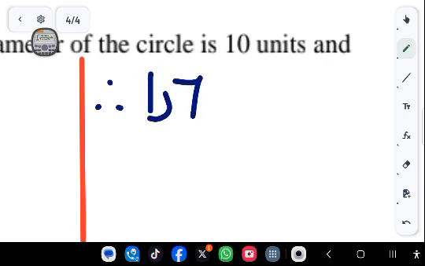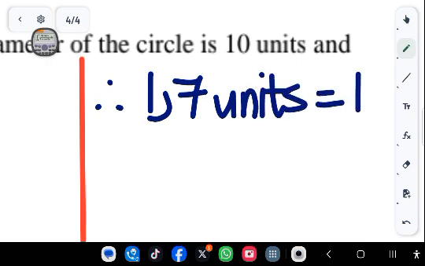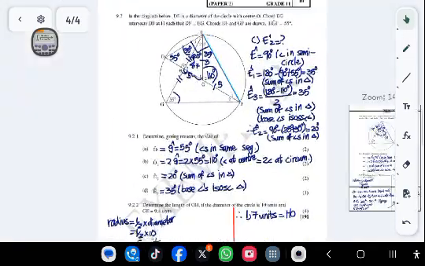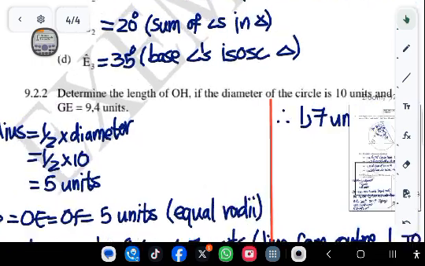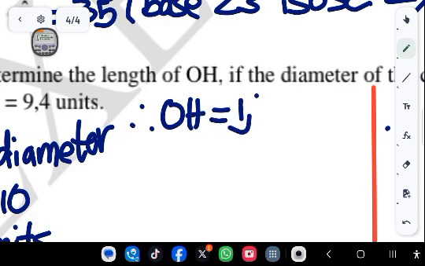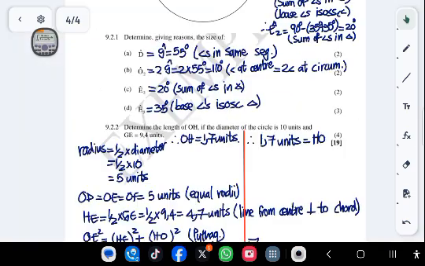Therefore 1,7 units is equal to HO, and that is the answer to HO or LH. It's up to you. 1,7 units.